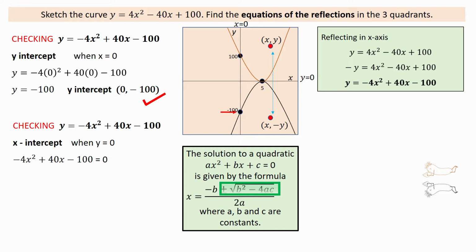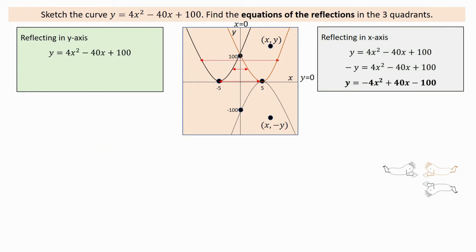So the formula becomes x equal to minus b over 2a. Substituting b equal to 40 and a equal to negative 4 gives negative 40 divided by negative 8, which is 5. So the curve touches the x-axis at 5, 0. Checking the graph, we see this is correct.